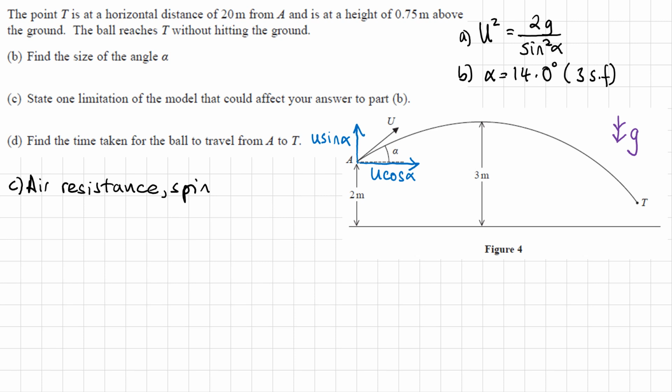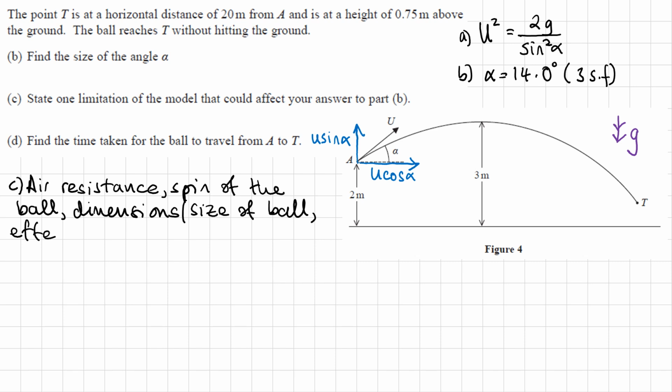So any one of these, it's only 1 mark I think for this part of the question. We could talk about the dimensions or size of the ball as well. Or we could also mention something about the effects of wind. So any one of these will be fine as something that would affect our answer.